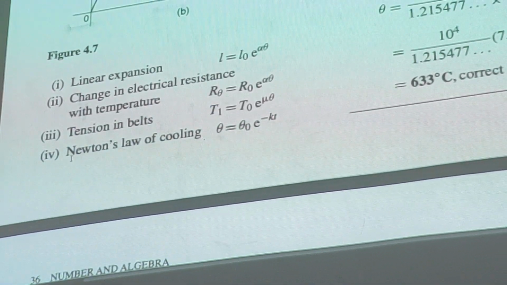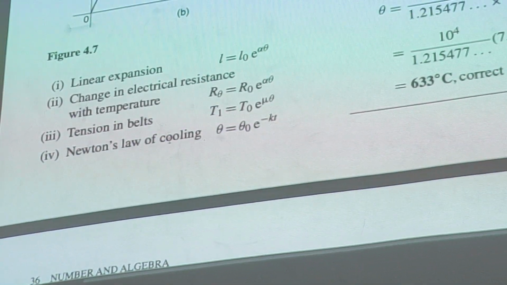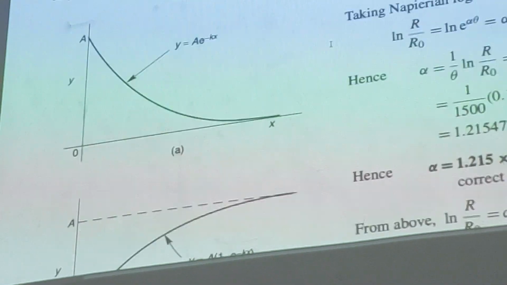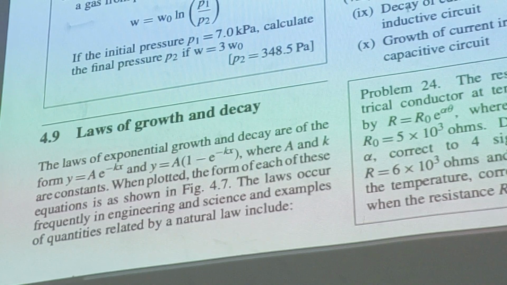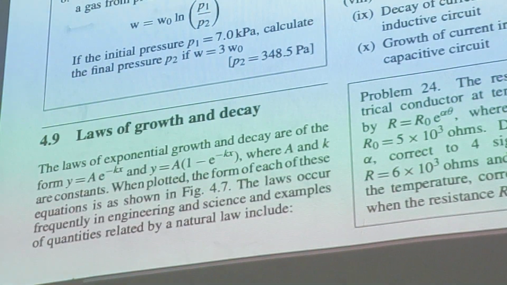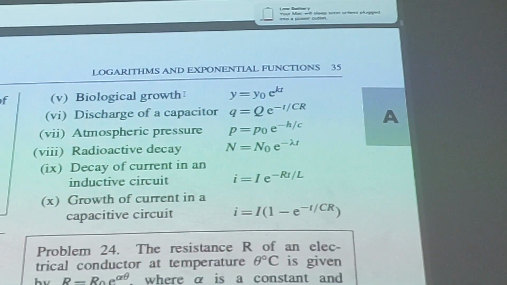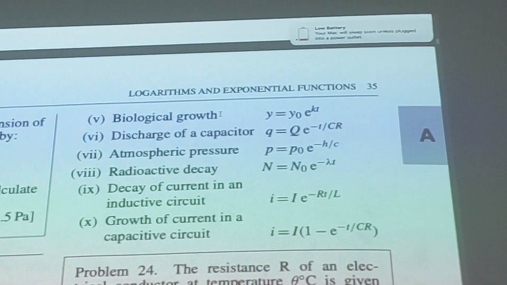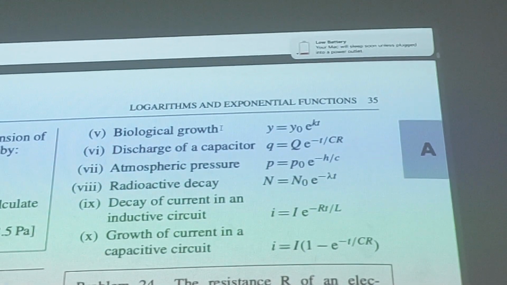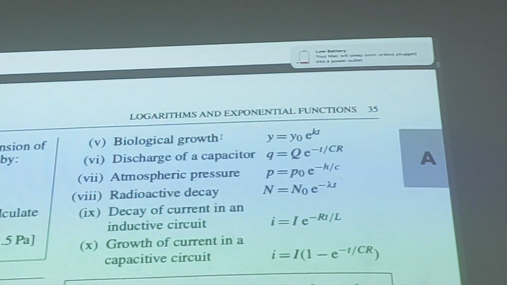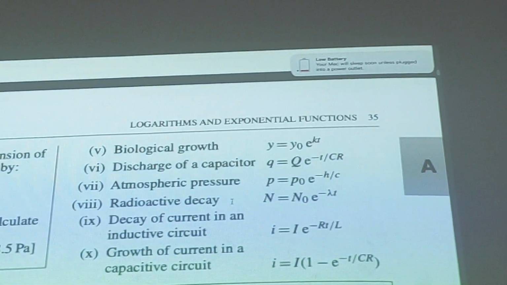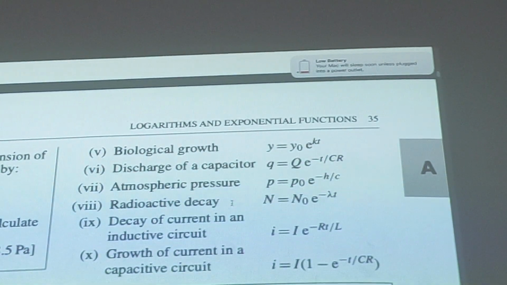The other example is Newton's law of cooling. This is a physics phenomenon. The other is biological growth. For example, the growth of amoeba or bacteria, and many other examples of the use of power series.